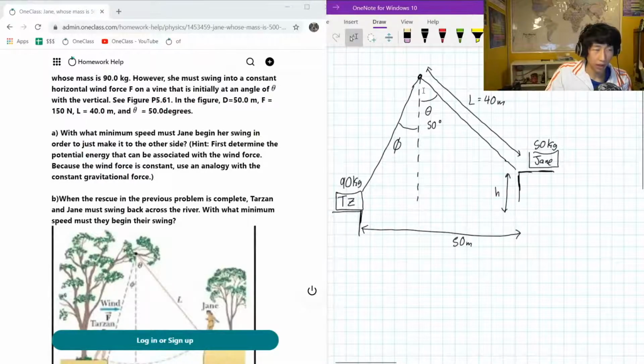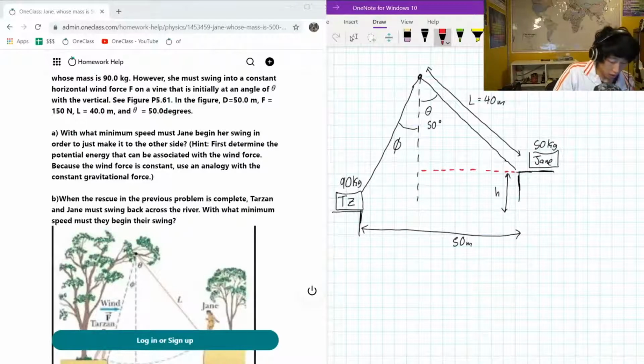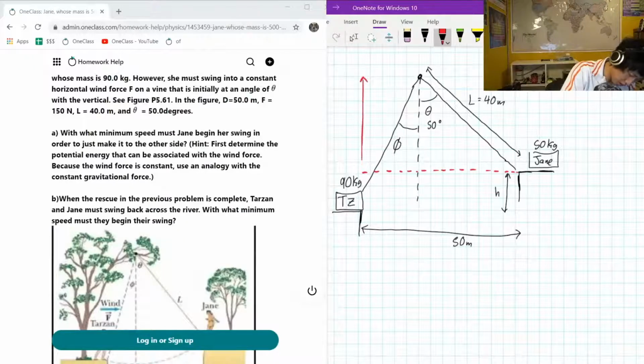So if we look at this diagram right here, knowing the hypotenuse, we could figure out what this distance is with some trigonometry. So that is going to be 40 meters times cos 50.